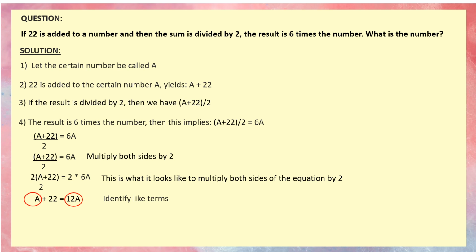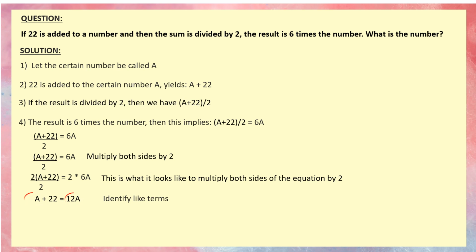So we'll group them to the same side. We'll take the A on the left hand side to where the 12A is on the right hand side. You notice that both of them are positive numbers. When we take the A on the left hand side to the right hand side, it now becomes a negative number.